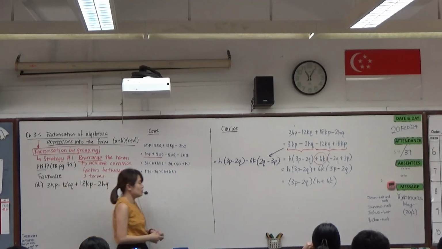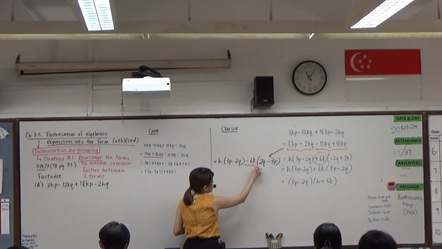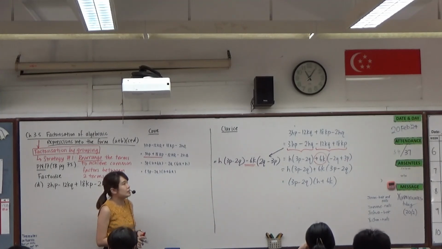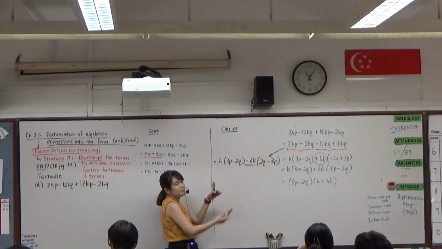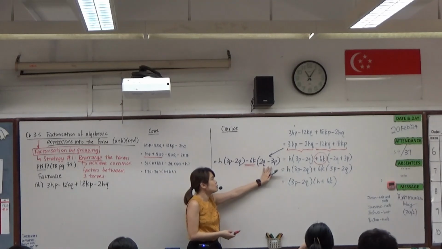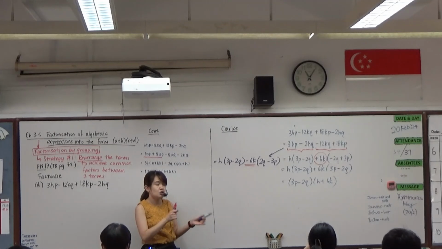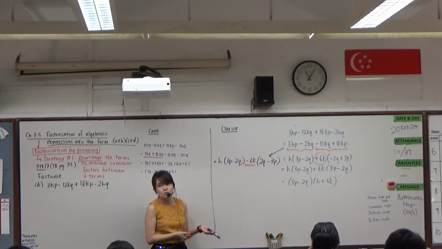What I've done differently in this particular case is that I took out a negative 6K, not a positive 6K. It definitely affects this. But we recognize that 3P minus 2Q and 2Q minus 3P, are they the same thing? No, right? 3 minus 2 and 2 minus 3 are different. Then what can we do?